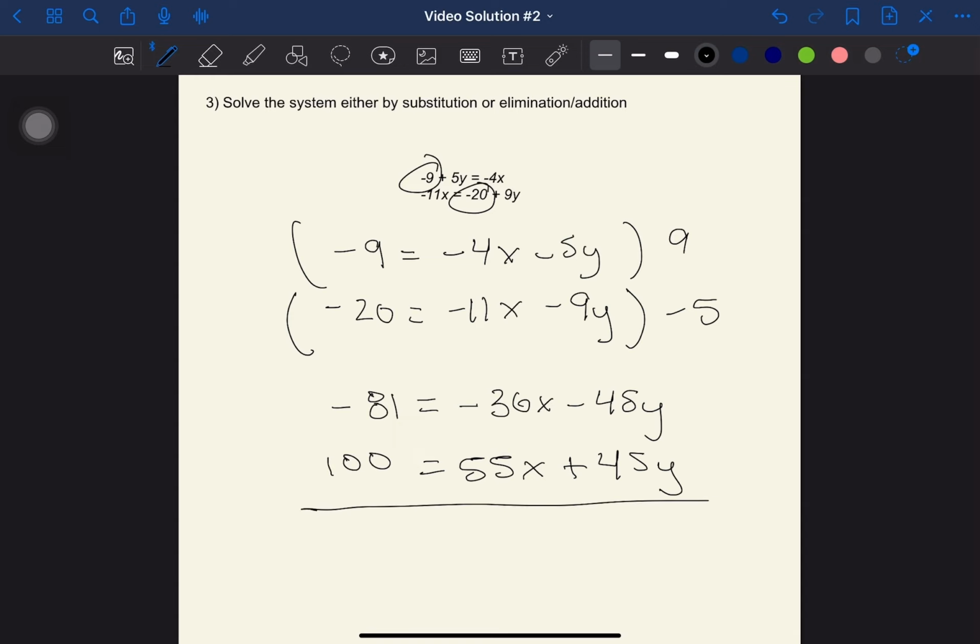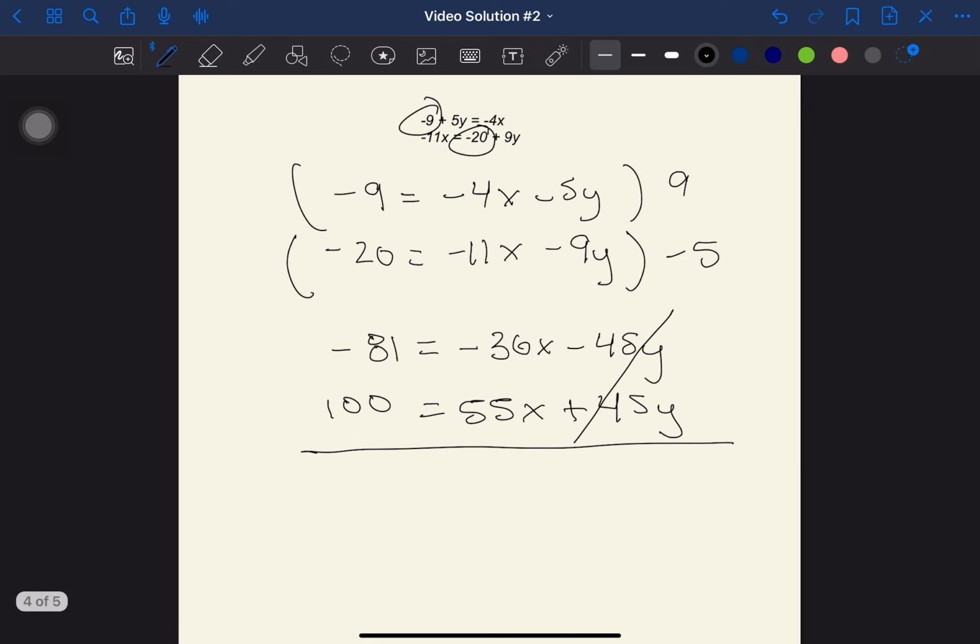So now that we have the same number for the y's and different signs, we can continue with eliminating the y and just solving for this side here. So -81 plus 100 gives us 19.